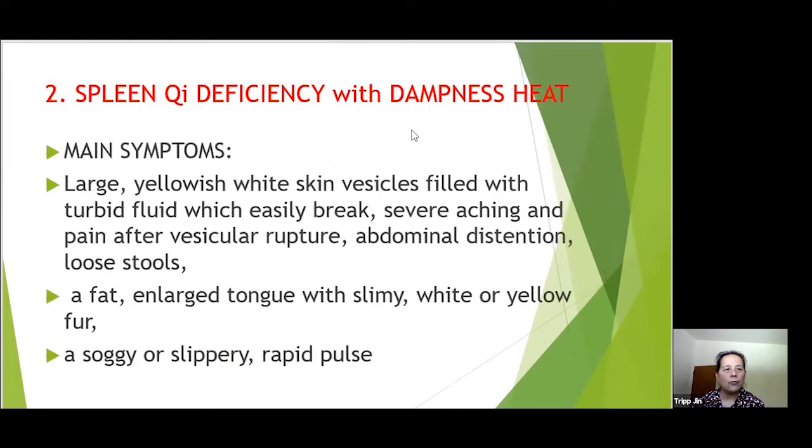So that's the first pattern. Then the second pattern, we are talking about spleen qi deficiency with some damp heat. This pattern is mainly a deficiency pattern.